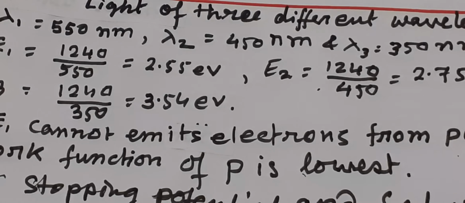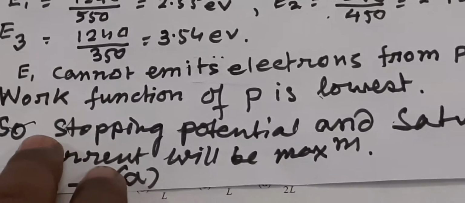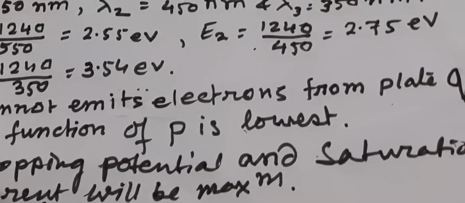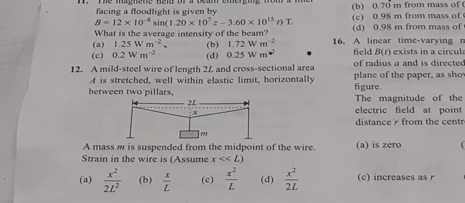Now, as it has the lowest work function, it will have the maximum stopping potential, and the saturation current will be maximum, because a lowest work function means a higher stopping potential.